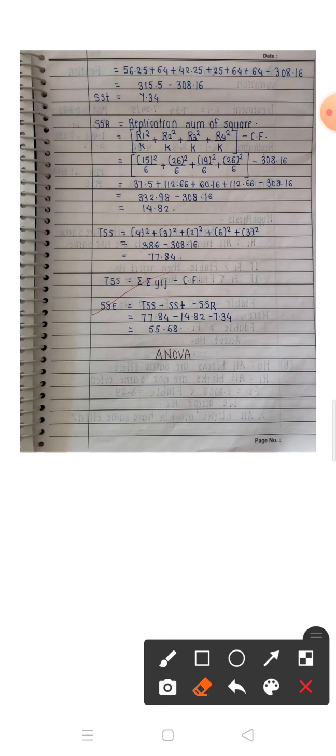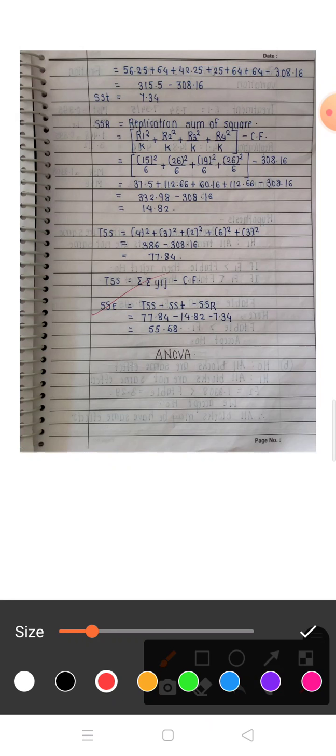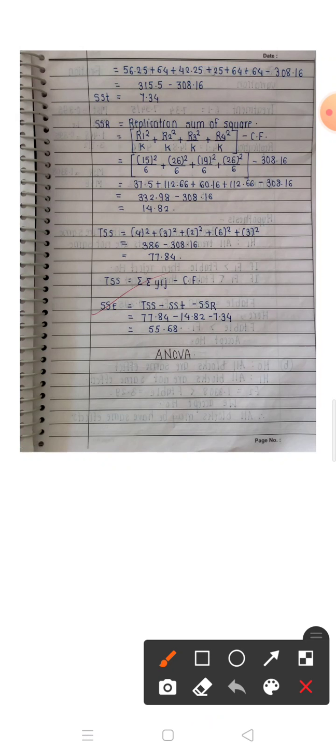Now next is TSS. What is the formula for TSS? The formula is double summation Yij square minus correction factor.